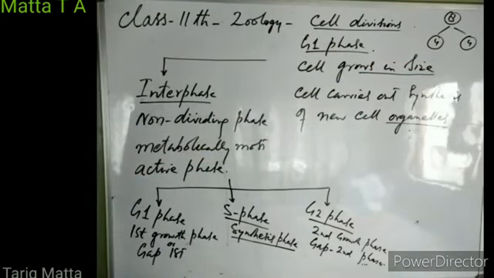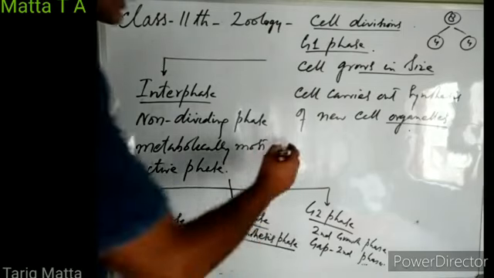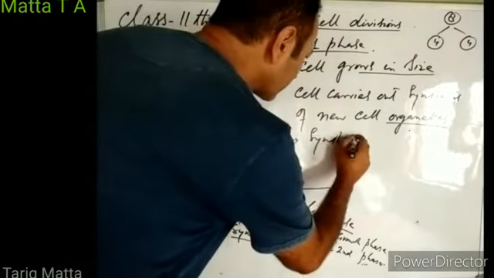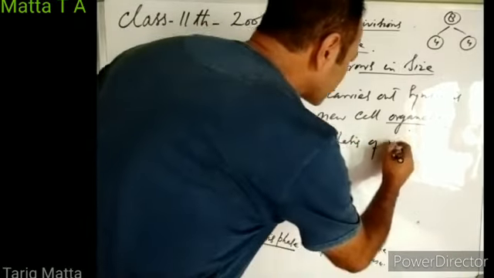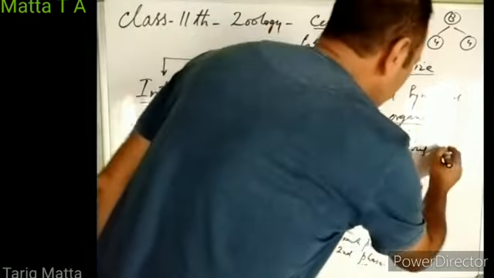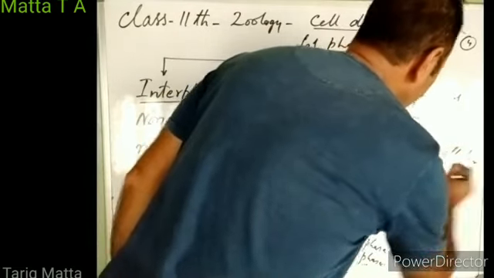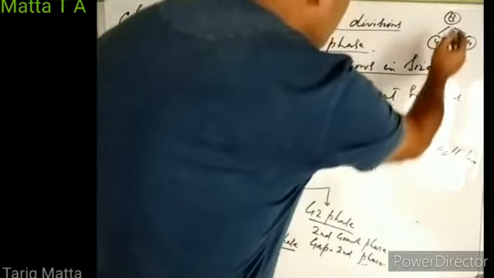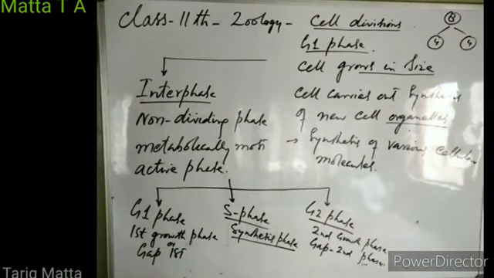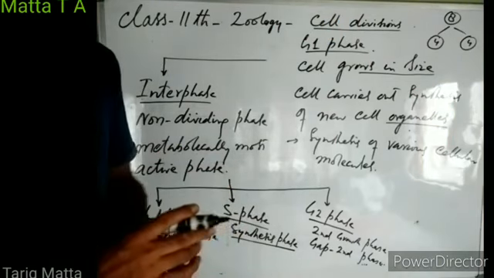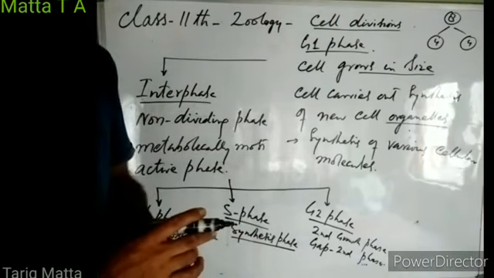In which it is deficient, right? Then the cell carries out synthesis of various cellular molecules. At the time of cell division, the cytoplasm of the parent cell is equally distributed among two daughter cells, so the cytoplasmic contents get reduced.